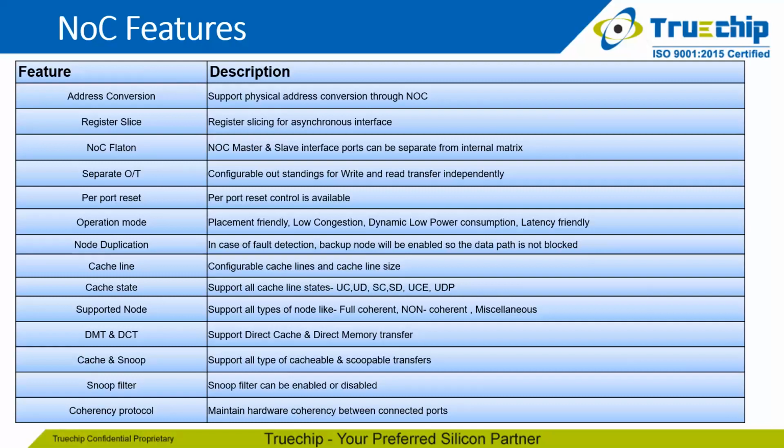We support all kinds of nodes: fully coherent nodes, non-coherent nodes, and miscellaneous nodes as well. Direct cache transfer and direct memory transfer are also supported in the NOC IP. We can have cacheable transfers, we can have snoopable transfers, and the snoop filter can be enabled or disabled if required. And for cache, we maintain hardware coherency between connected ports.